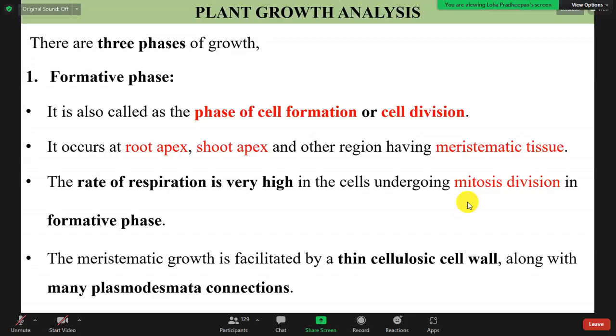The rate of respiration is very high in the cells undergoing mitotic division during the formative phase. This meristematic growth is facilitated by a thin cellulosic cell wall along with plasmodesmata connections. Because mainly in the formative phase, cell division is happening in the root apex and the shoot apex.